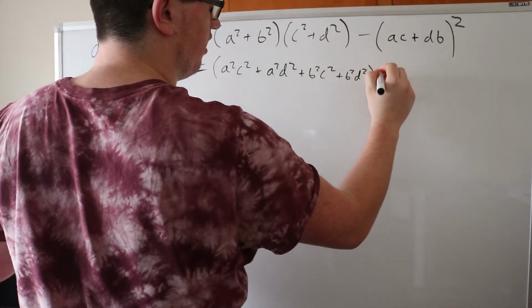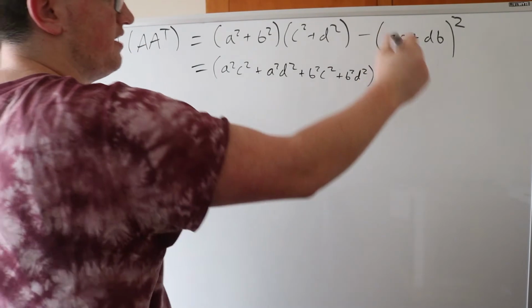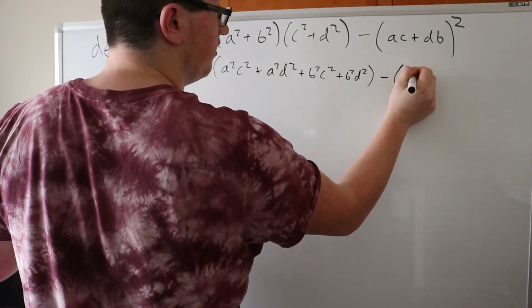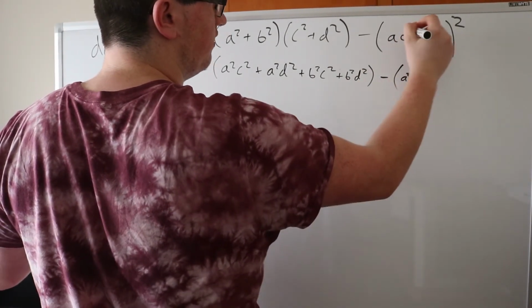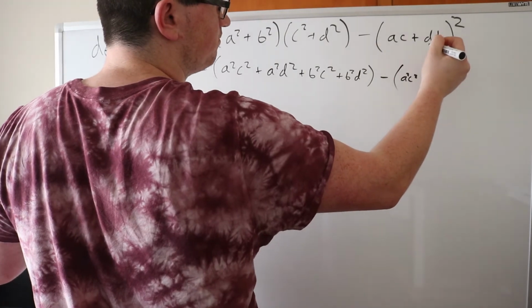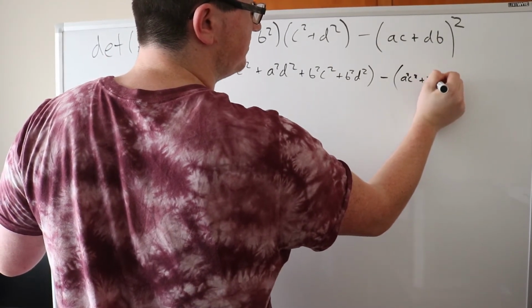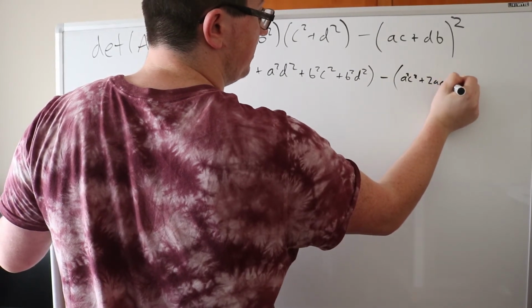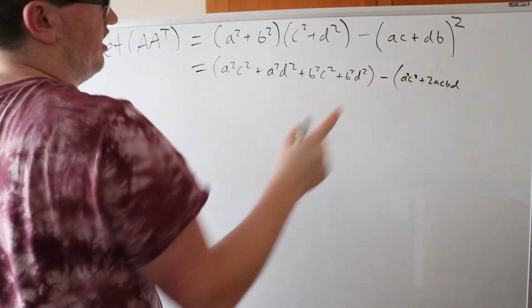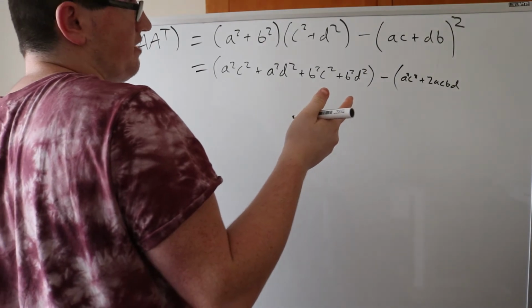Take away, and this expands to A squared C squared, plus 2ACBD. We will rearrange that to be in alphabetical order because that really does trigger me.